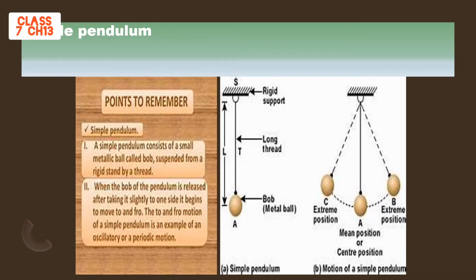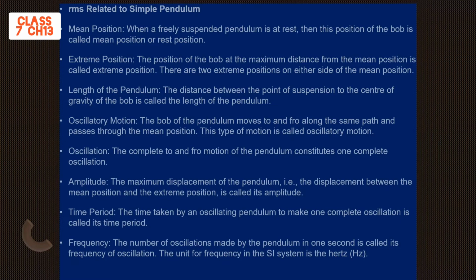periodic motion. Now, let us see what are the terms which are related to simple pendulum. Coming to the first term, that is the mean position. Now, when a pendulum is at rest, then the position of the bob is called the mean position or the rest position.